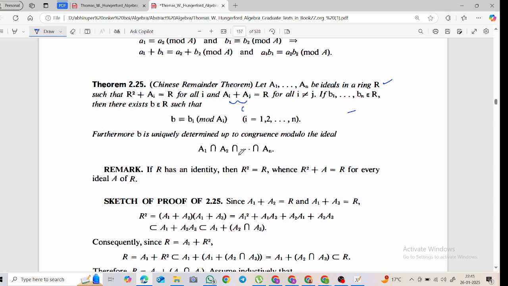So this is the statement of the Chinese remainder theorem: if b1 to bn belong to R, there exists b belonging to R, I mean, there is a common solution of all these equations. That's what they are trying to say.